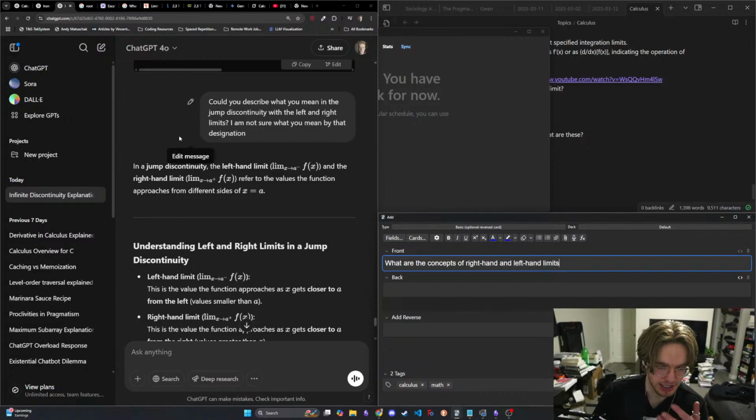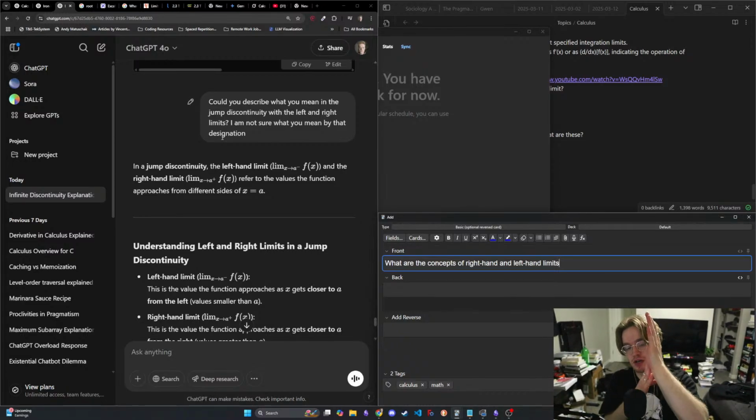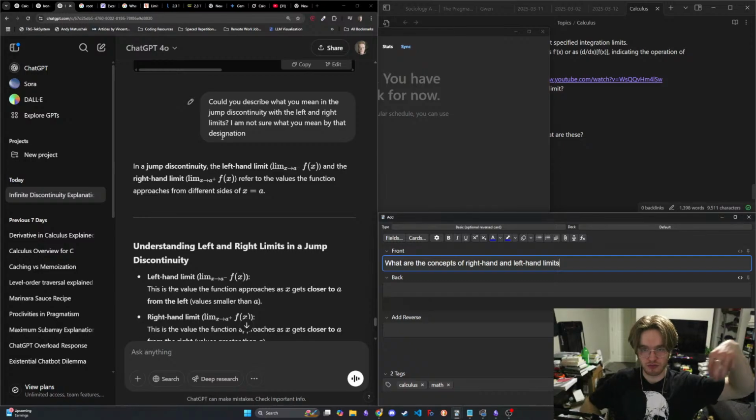Okay, so it's describing that right-hand and left-hand limits are the limits that are found for the domain of values from the left side and the right side. So in the example where we have an asymptote at x equals 4, the left-hand limit is as we're approaching 4 from, like, imagine we're going from 0 to 4. And the right-hand limit would be if we're approaching from positive infinity and coming to 4.